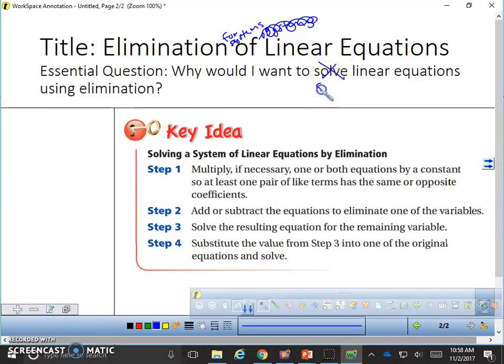Solve systems of linear equations using elimination.